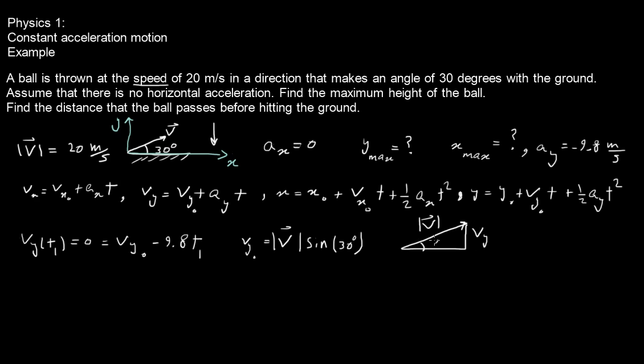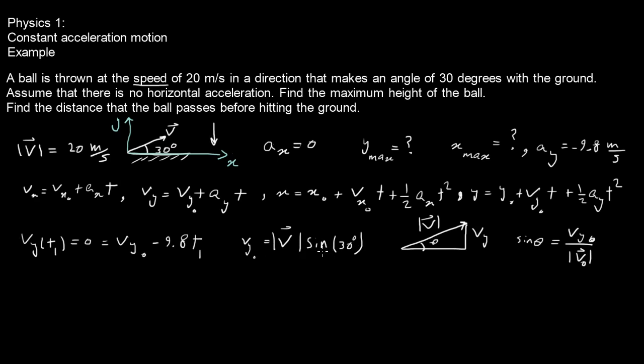And if this is theta, we know sine theta equals the magnitude of the front edge, which is vy, divided by the magnitude of this edge, which is the magnitude of v. So therefore Vy naught equals v naught sine theta. So that's what I did here.